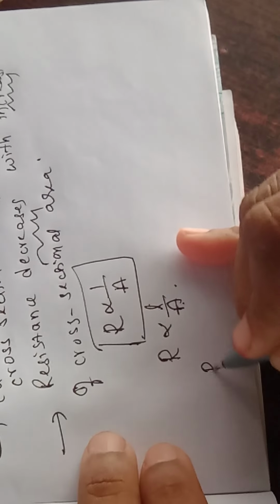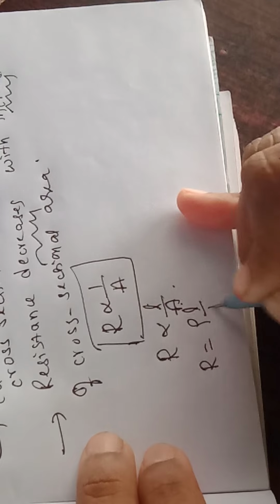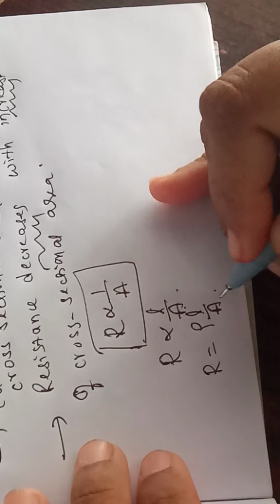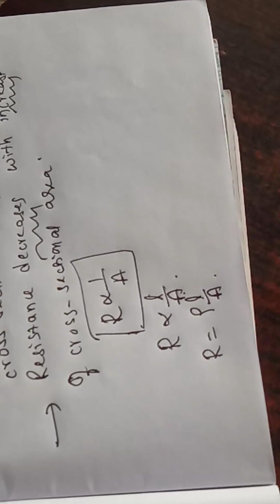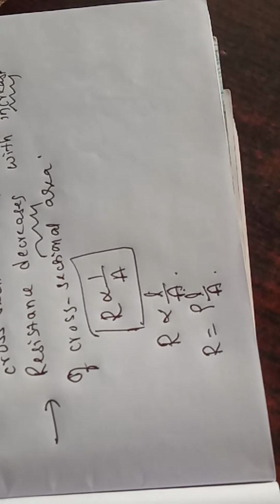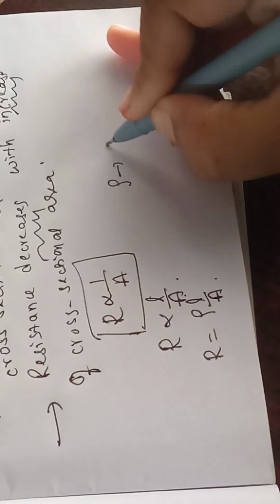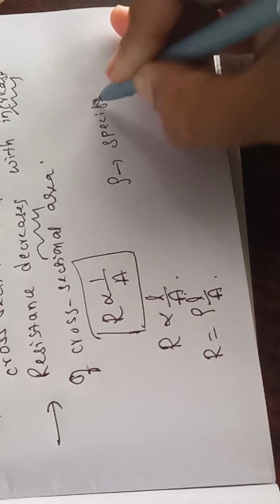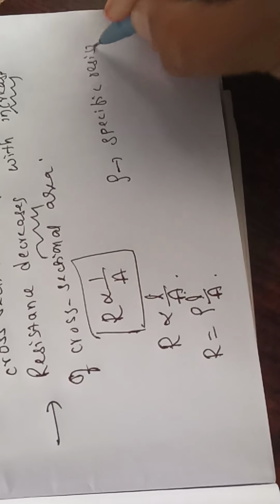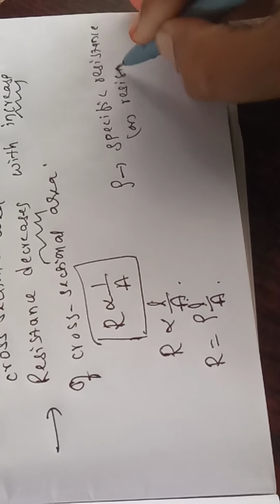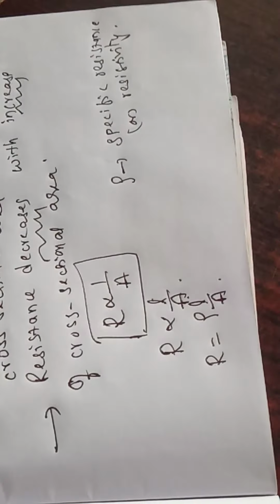Now we can write R is equal to rho L by A. Here rho is the proportionality constant, and we call that proportionality constant specific resistance, or simply resistivity.